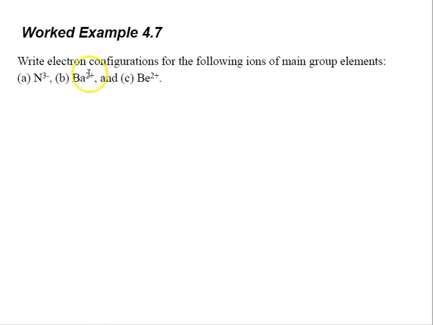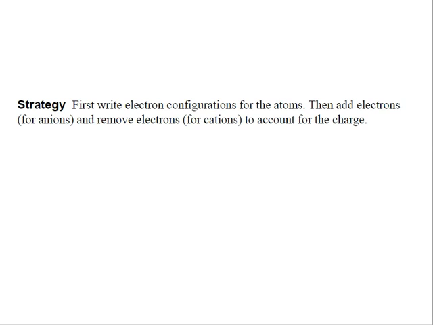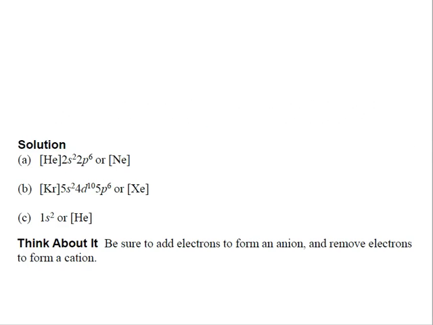Barium will have less electrons than protons, and beryllium will have less electrons than protons. So again, you can write the electron configurations for the neutral atoms and either add electrons if it's negative or remove electrons if it's positive. So let's take a look at those.